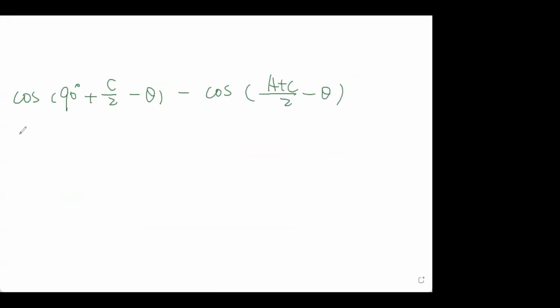You need to transform this one, and you may think of writing 90 degrees as A plus B plus C over 2. Or you can just expand it, and finally you will get some result. I will not calculate it because it's too heavy a bash.